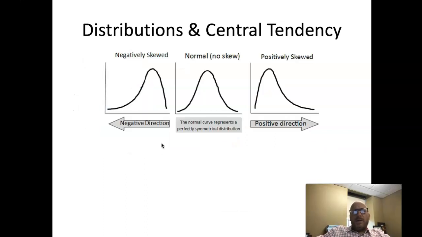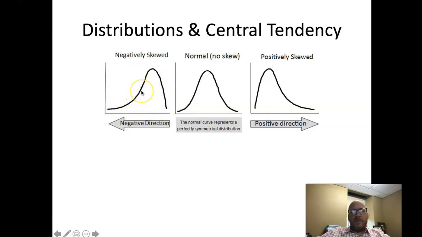There are other distributions. This slide shows what we call the skewed distributions. So a skew in terms of graphs means that this is called a tail. There's a tail that extends in one direction but not in the other. And this is called negatively skewed because it goes in the negative direction.